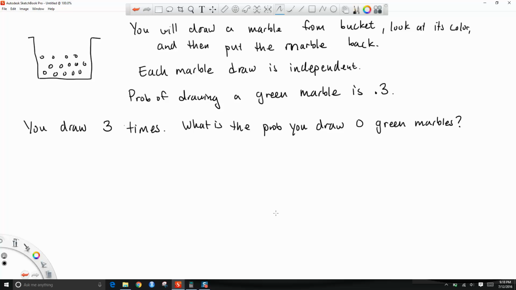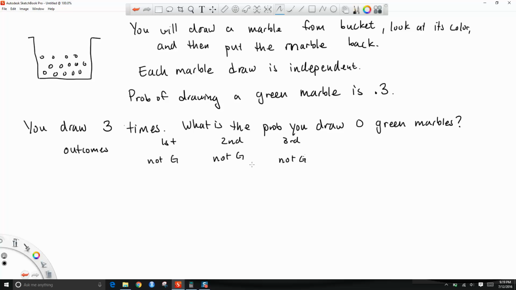So what's the answer here? The sequence of outcomes has to go what? On the first marble, we have to get what? Not green. On the second one, we have to get what? Not green. And on the third, we have to get not green.